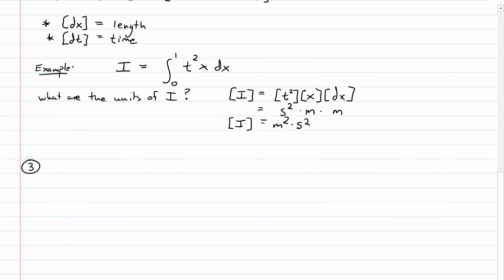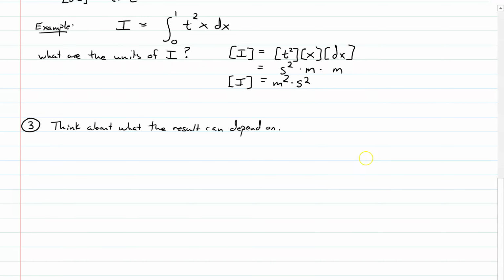Third thing, think about what the result can depend on. When you've got multiple variables showing up, it's helpful to think about what are the variables that are going to show up in my answer for this integral. So let's say we've got this integral, let's call it I, is equal to the integral from a to b of some function of x and y, and then let's say the integration variable here will be dx.